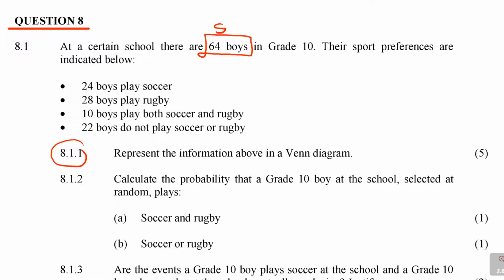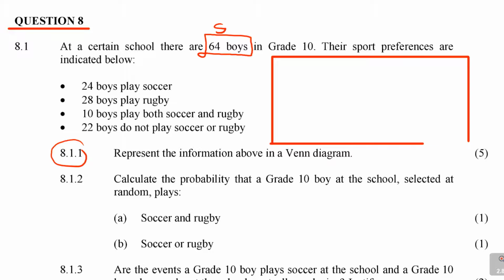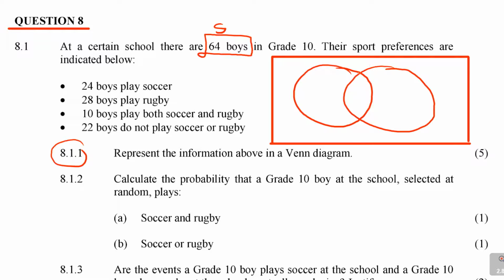So what you do, I'm just going to do it inside this box. Let's say this is our Venn diagram. As I say, you just need to be sensitive. If I draw that circle and that circle, what are the things that you need to first input?